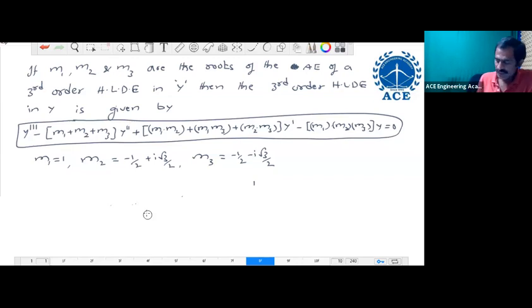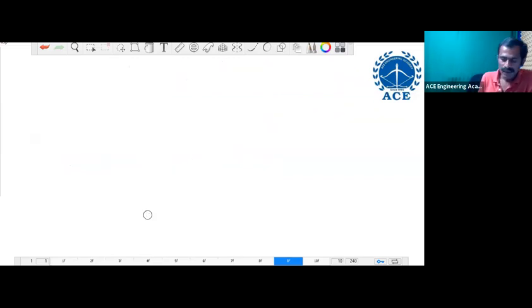Okay, let us go to the next page. If you're writing, then stop writing. Just look at this. d by dx of x cubed by 3, the derivative of this is x square.